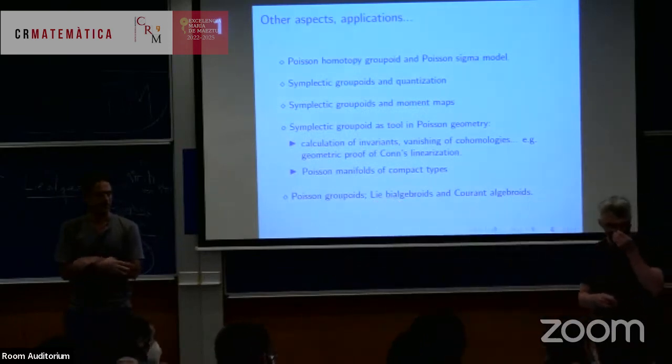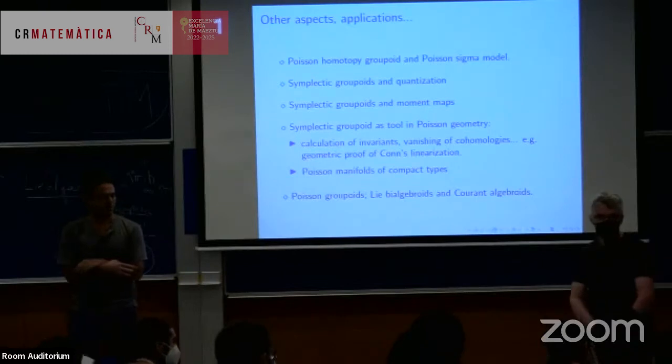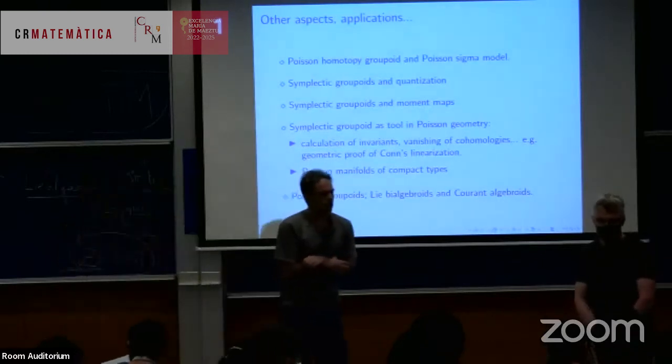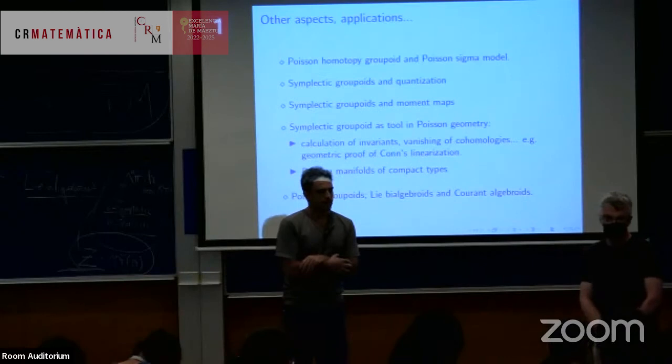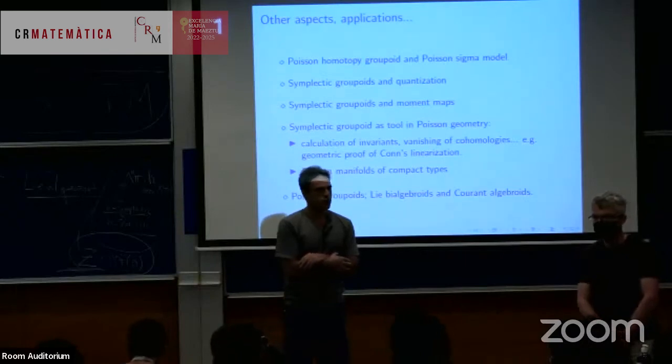In most of your integrable examples, the ambient space of the symplectic groupoid is a cotangent bundle of something. Yes, in the examples, but that's far from always being the case. Don't you know any necessary condition on the Poisson structure? That's actually a good question.